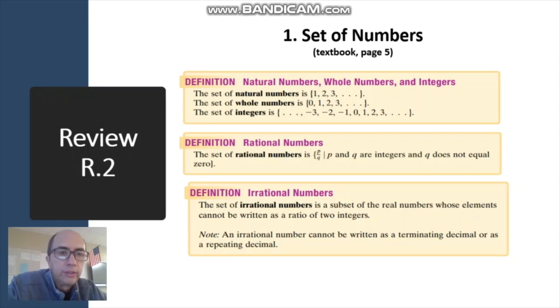Zero was invented way after the natural numbers. And then we have the set of whole numbers. The only difference is that the whole numbers include the number 0.